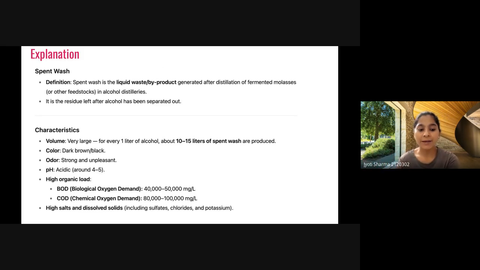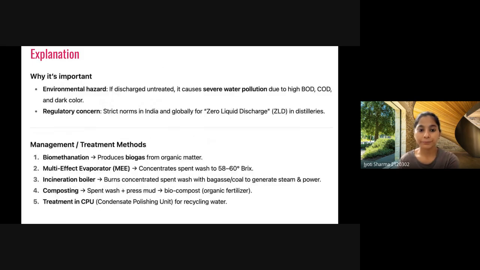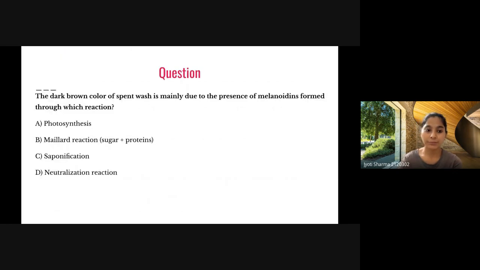It will also have high salt and dissolved solids as well. That's how this gives some environmental concern, and that's how we have to treat the spent wash solution before discharging into any river.